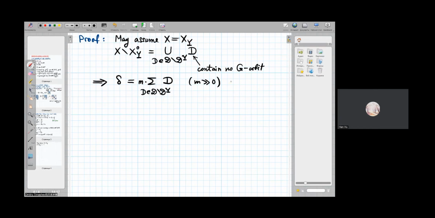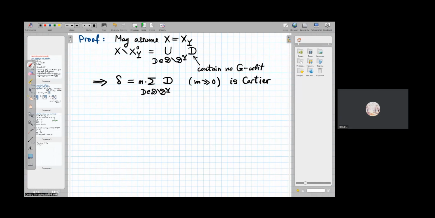So why does the union of D not contain a G orbit? Because any D does not contain a G orbit. G orbits are connected, and irreducible.